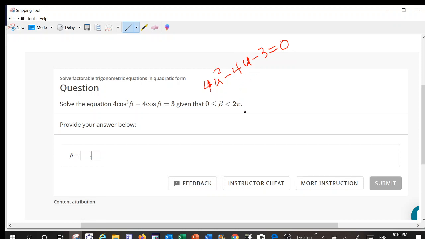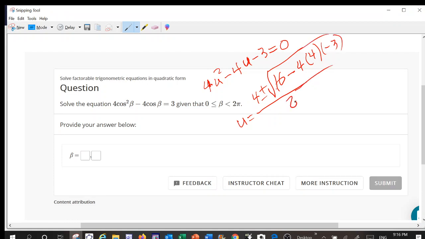Then we solve this. u is going to be negative b plus and minus the square root of b squared minus 4ac, over 2a. So that's 16 plus 16 times 48. 16 plus 48 is 64, so that's 8.